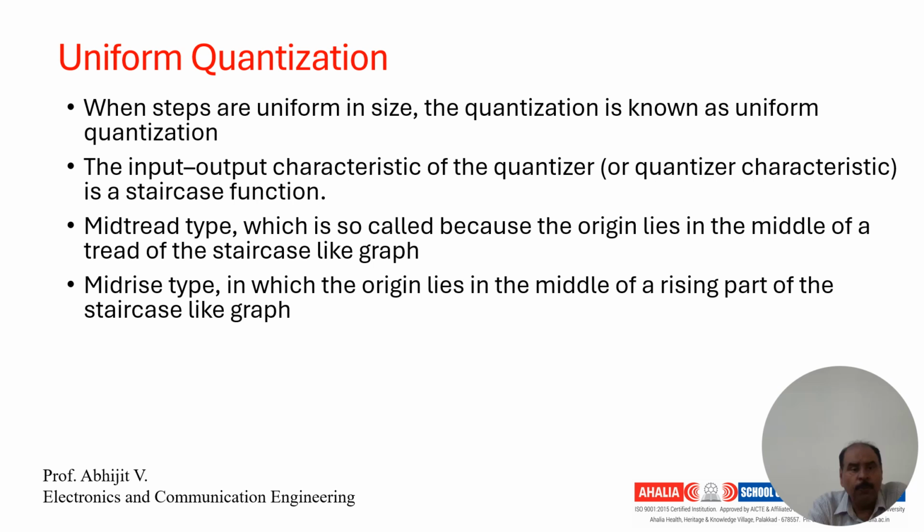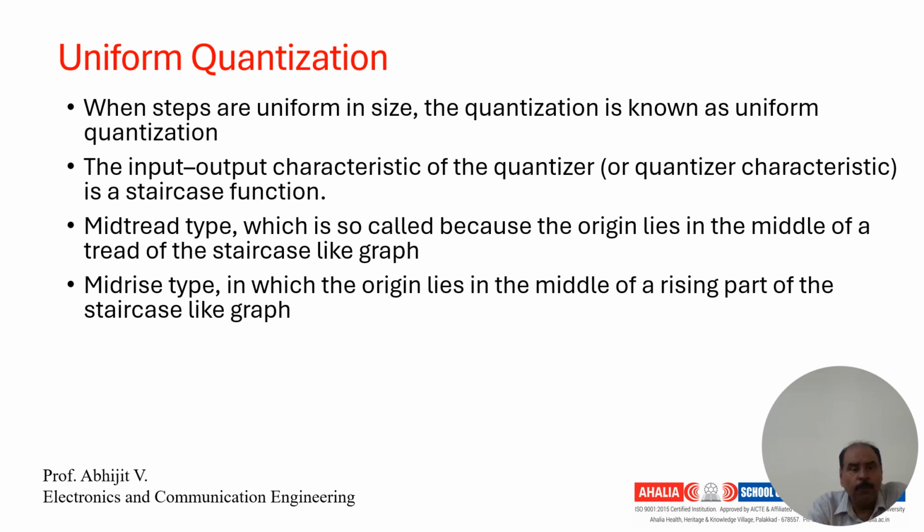Next is a very important concept called signal to noise ratio, SNR. With the mean of the quantization noise being 0, its variance is the same as the mean square value, that is, sigma Q square which we calculated by substituting L equal to 2 raised to R. From this, we are calculating the signal to noise ratio.